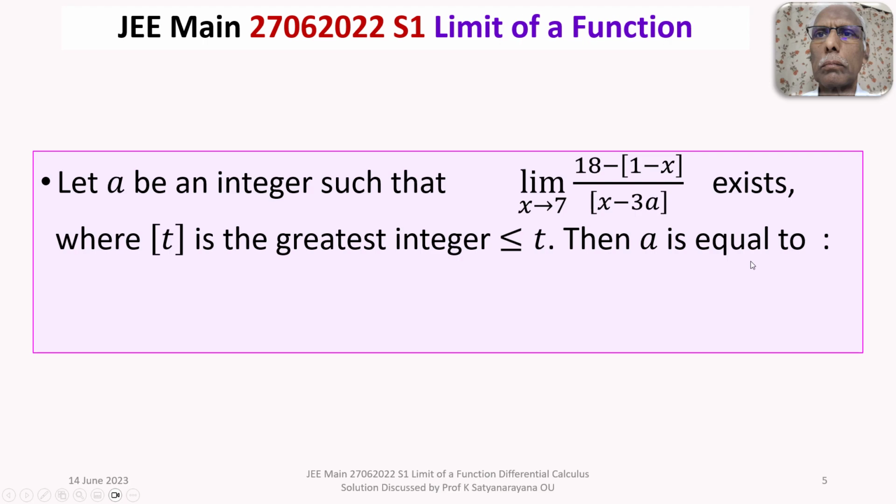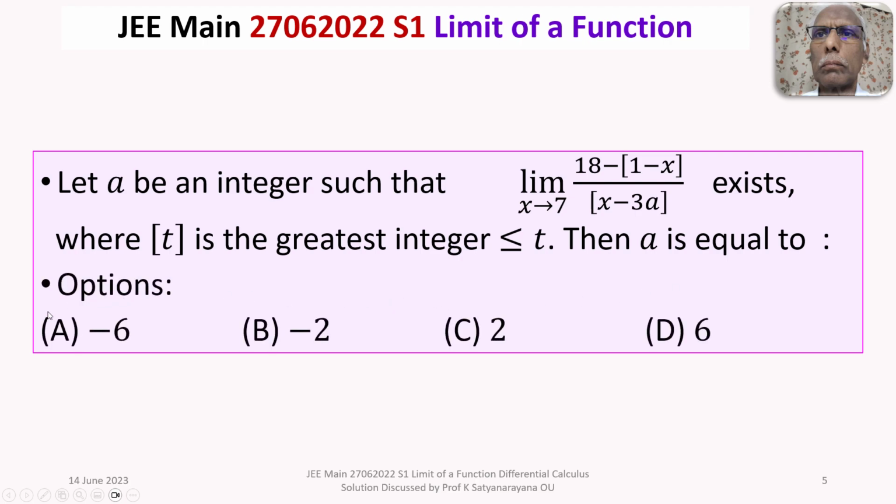Then a is equal to, we are given 4 options. Option A minus 6, option B minus 2, option C 2, option D 6.